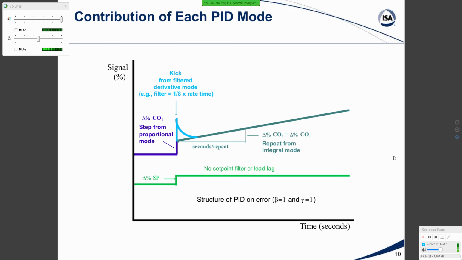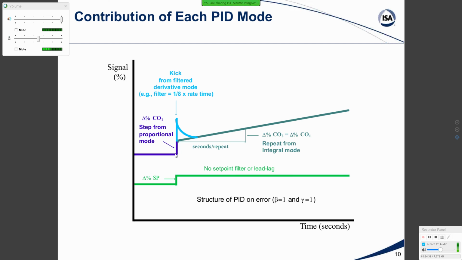And furthermore, the set point doesn't have a filter on it or a lead lag, so we're getting a step change in set point. And we are using a structure PID on error. So we're going to get a response of the proportional, integral, and derivative modes to error, which means also to the set point change.